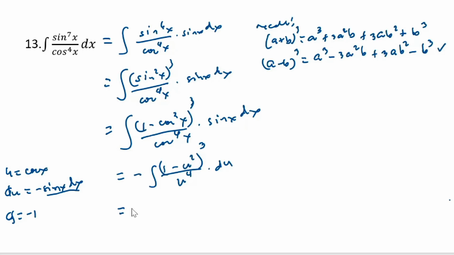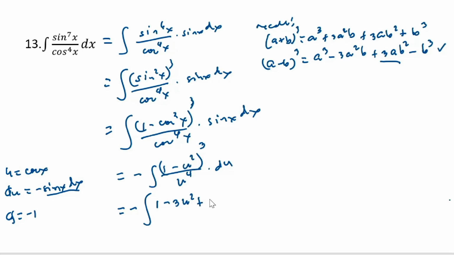So rewriting that one, the negative of the integral of the product form now of the cube of 1 minus u squared can be written as 1 minus 3 times a squared times b. Therefore, a is 1, so 1 squared is 1 times b. Therefore, we have 3u squared. Then plus, using this pattern now, 3a times b squared, your a is 1, so times 3 is 3, times the square of u squared becomes now u raised to 4.